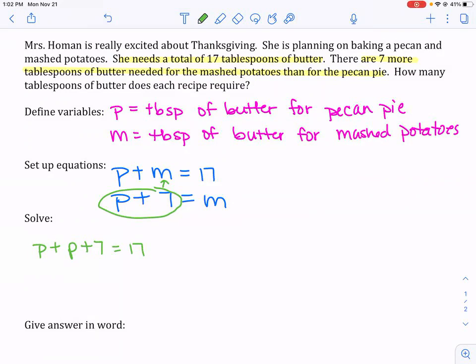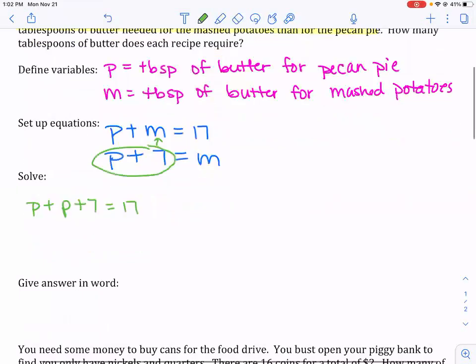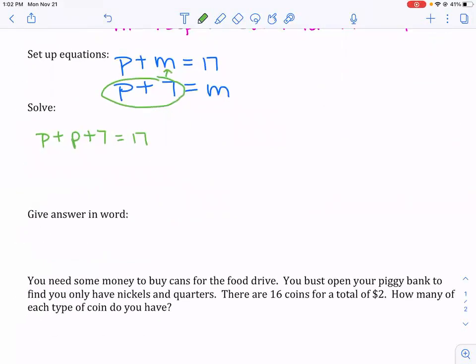Instead of M, I substituted in P plus 7. Look, M is P plus 7. So P plus M. Okay, so now 2P plus 7 equals 17.